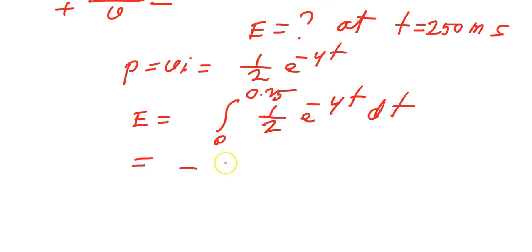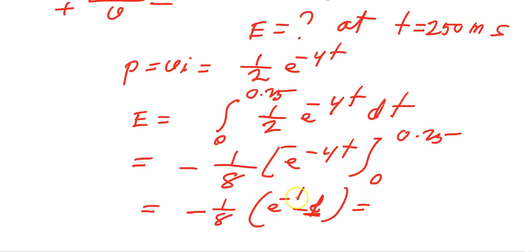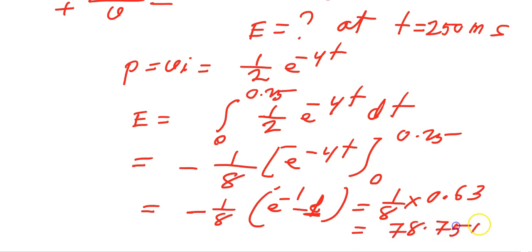A simple integration gives minus 1/8 e^-4t from 0 to 0.25. So you will get minus 1/8 times (e^-1 minus e^0, that is 1). So you will get 1/8 into 0.63, and if you calculate with your calculator, you will get 78.75 millijoule.